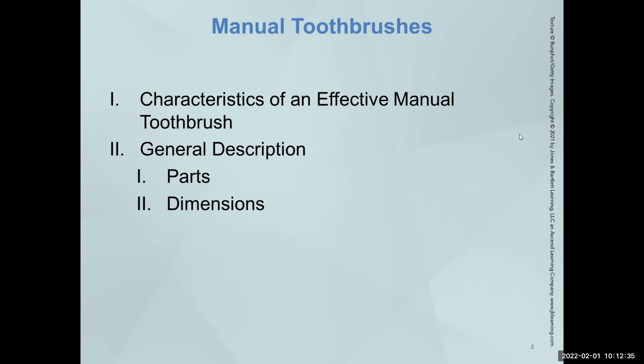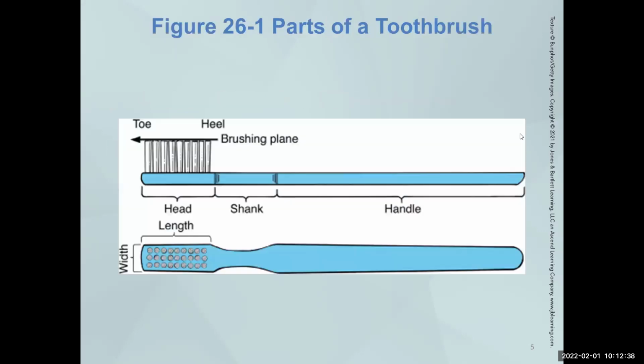All right, so you need to know the different parts of a toothbrush, okay? Just like the different parts of an instrument. Parts are parts. You've got your handle and your head of the toothbrush. You have tufts of the bristles or filaments. You need to know what the length of the filament is here, because the length of it determines also how flexible that filament is going to be.